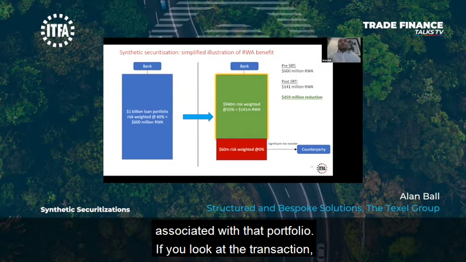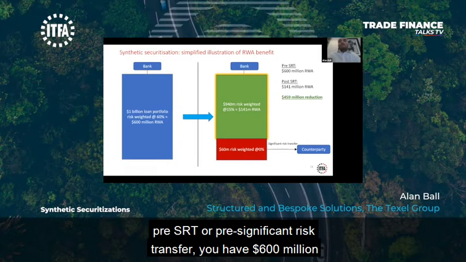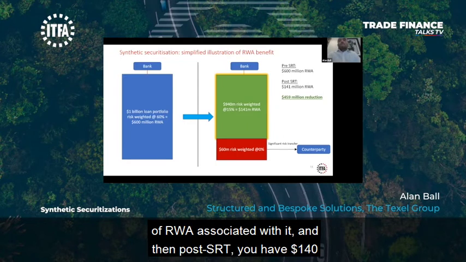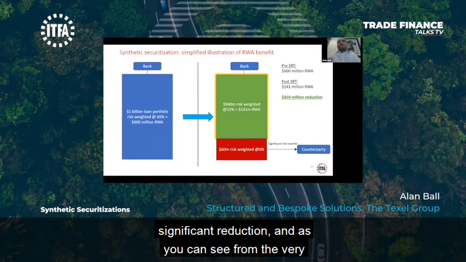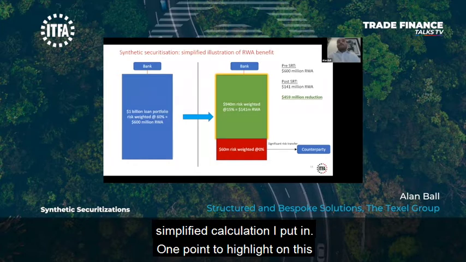So if you look at the transaction pre-SRT, or pre-significant risk transfer, you have 600 million of RWA associated with it, and then post-SRT, you have 141 million RWA associated with the portfolio, which is quite a significant reduction, as you can see from the very simplified calculation I put in.